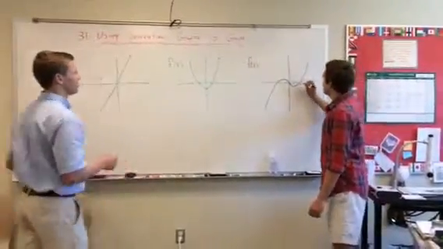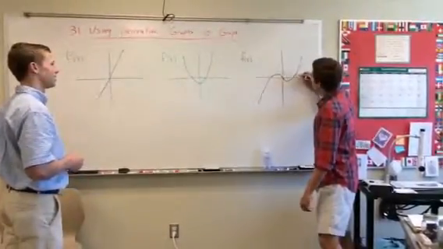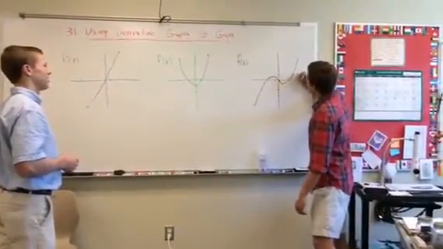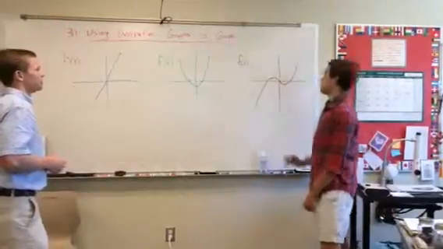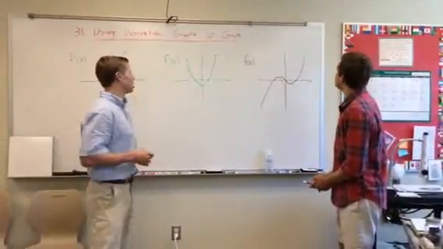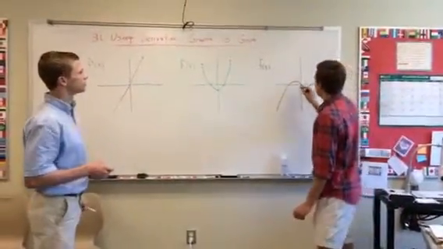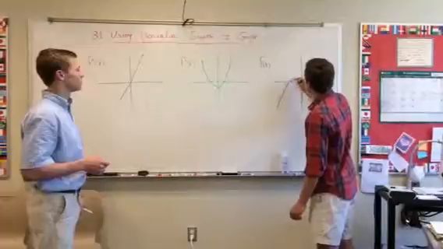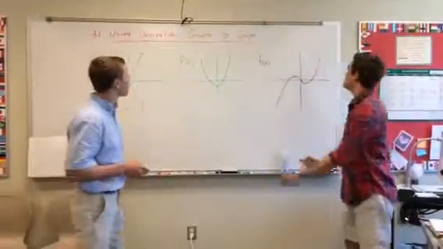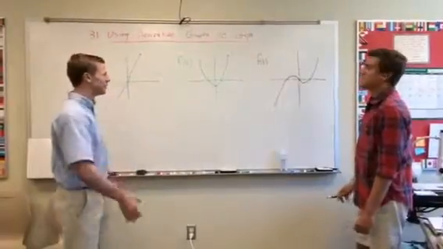You can draw a dotted line just to make sure it's about right. And at -2, we also have a slope of about 3. It's about 2 and -2.